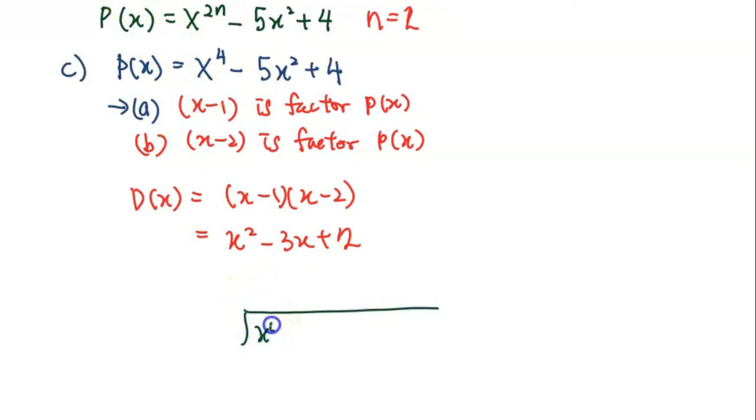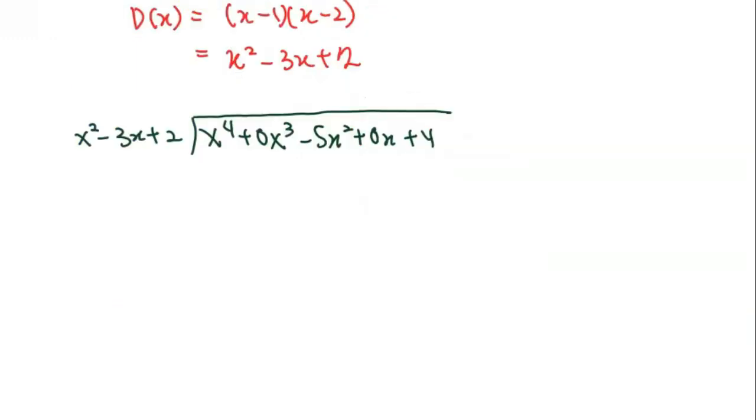For our polynomial x to the power of 4, remember to insert 0x cubed and 0x plus 4. After finding our divisor, we will take our polynomial and divide by these two factors in order to get another two factors.